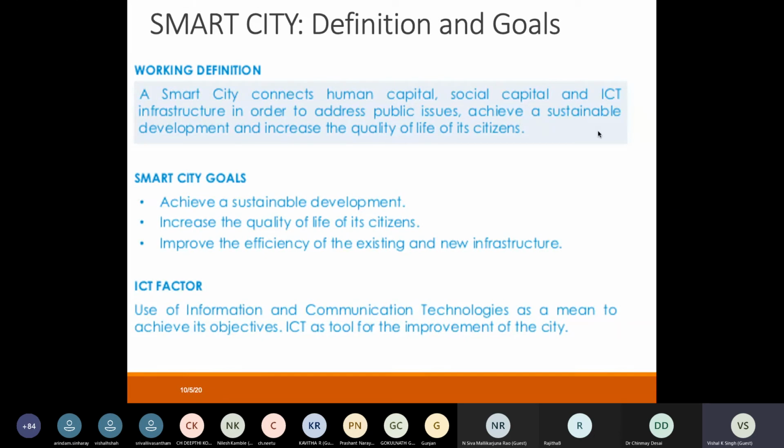In order to do this, in order to provide the basic necessities, and I'm talking about basic necessities because as the population grows, these are what we are targeting with this smart city concept, since you realize that the sudden increase in the population of the cities has resulted in a lack of these basic facilities.